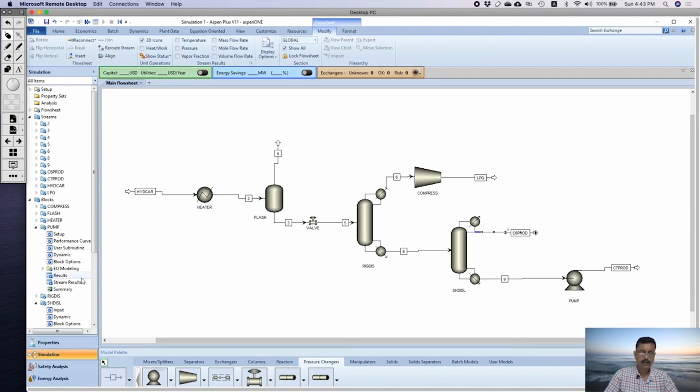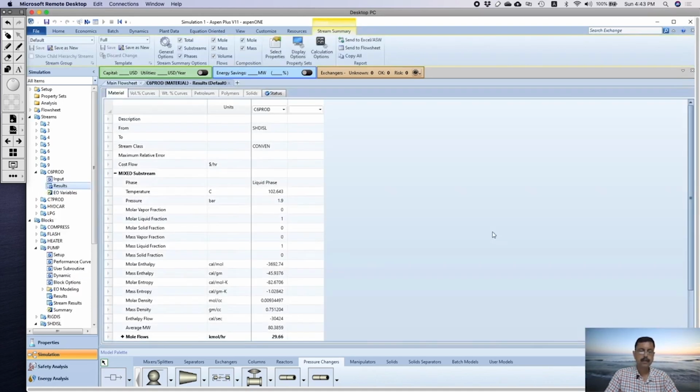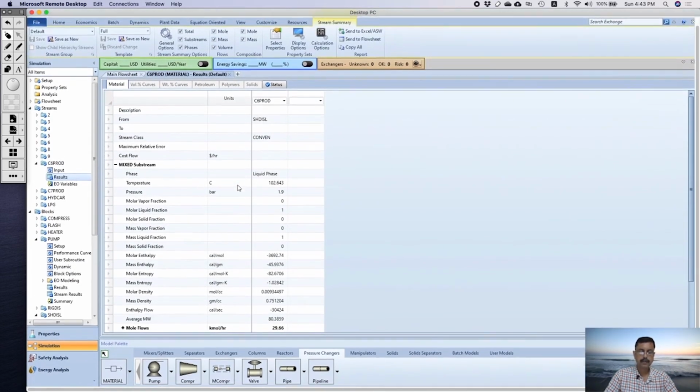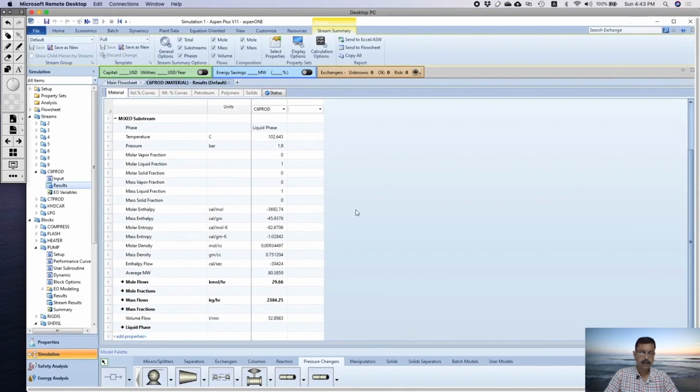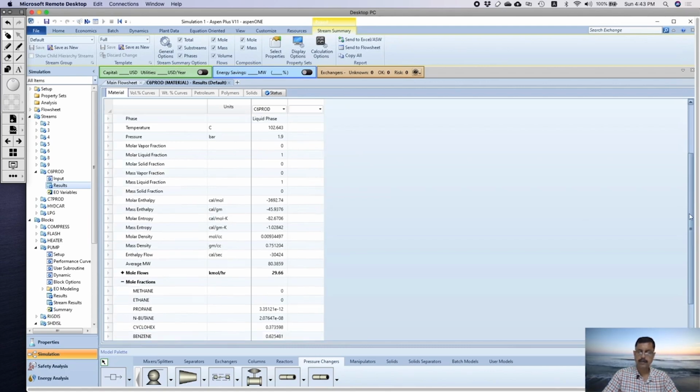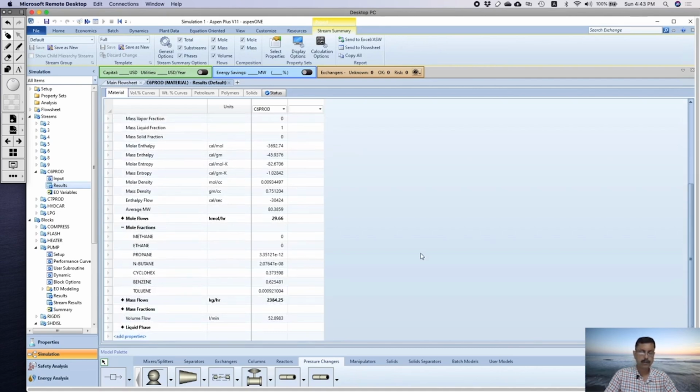So we can double click. This is the result. Okay. So you see here the molar flow is 29.66. We are interested to know about the mole fraction, so that we can understand the composition of C6 product.